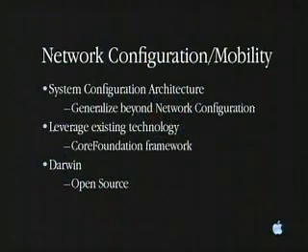So what we've come up with is a system configuration architecture, and we've decided to call it system configuration architecture, not the network configuration architecture, because we wanted to generalize the concepts. We knew we were going to solve some general problems and wanted to make the services general. Our solution leverages Core Foundation pretty heavily, using run loop source technology and all the property list types and objects.